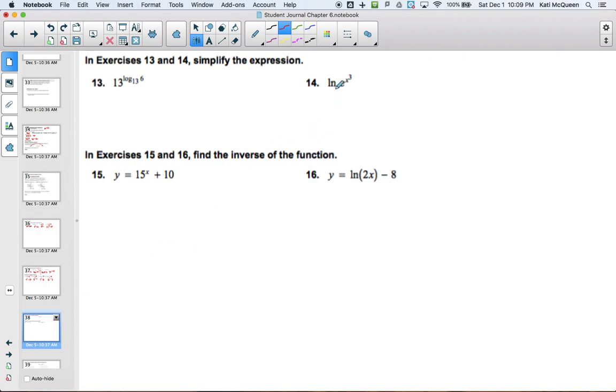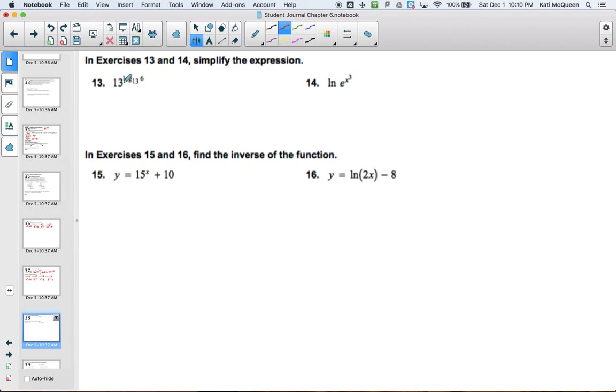Okay. Last ones we're going to do here are 13 and 14. So these are actually going to be really important for us in a few sections when we start solving exponential and logarithmic equations. So a lot of times these have things that we can't evaluate. So if I just look at log base 13 of 6 that's in this exponent, I don't know what that is because I don't know what I have to raise 13 to the power to get 6.